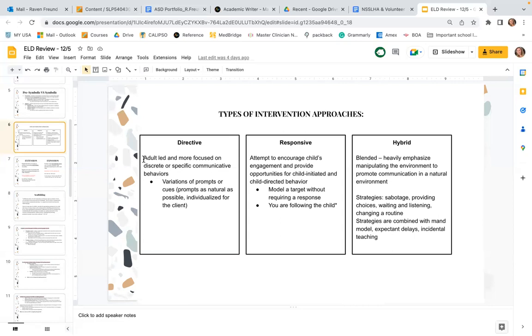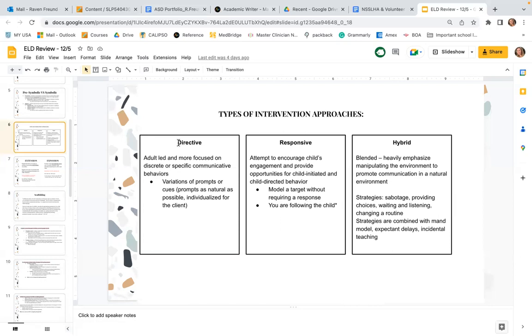So maybe that same child, if you would use a responsive approach, you would have them come into the therapy room with a friend or a peer, and you would see how that interaction goes, and then maybe they don't say hi to each other, so then you prompt for that. But it's more child-led. So you're following the child's lead and adapting your therapy to the child. Does that make sense?